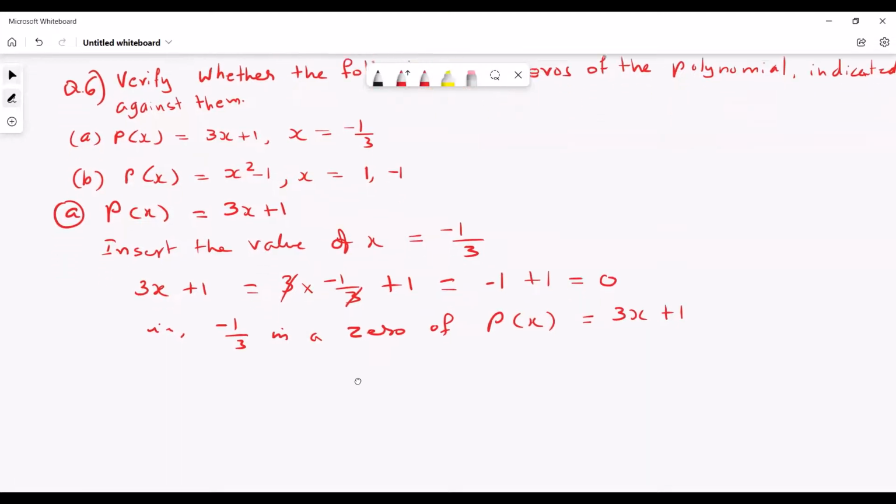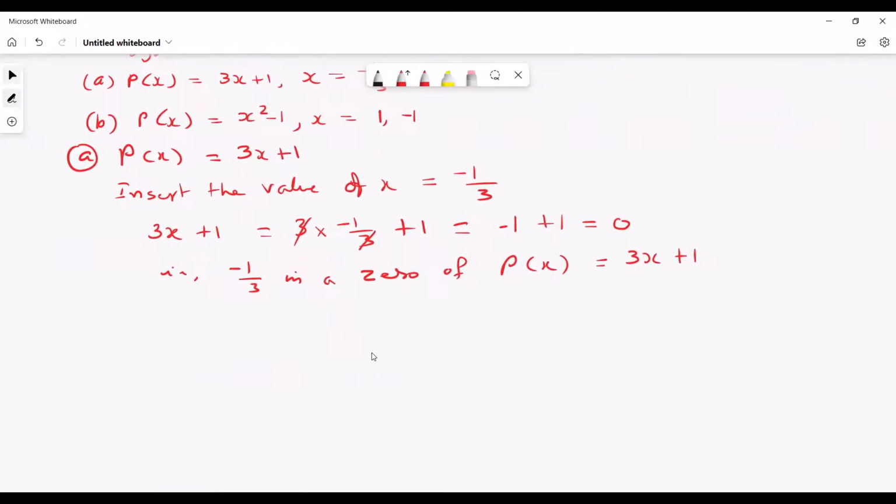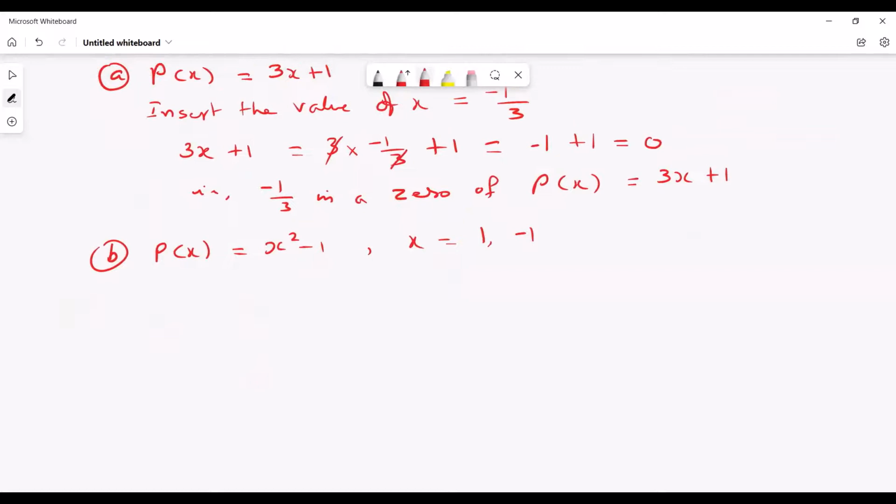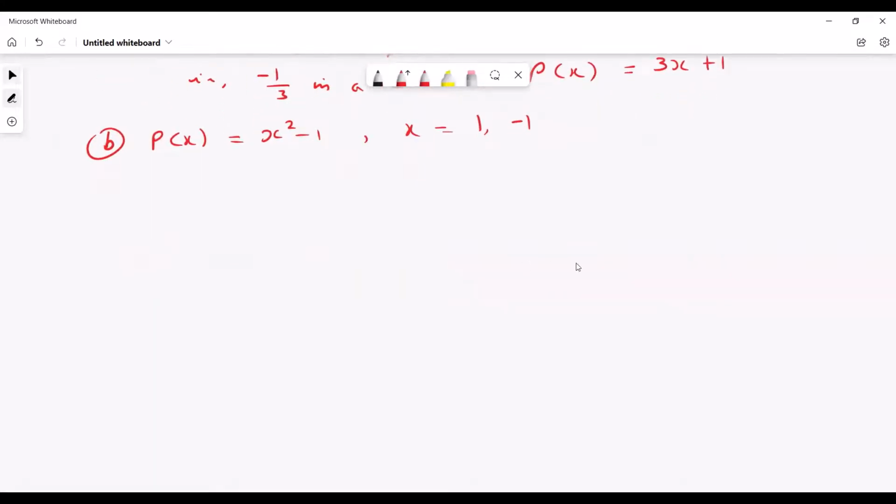Now let us do the second question, question B. It is given as p of x is equal to x square minus 1. We have to check at x equal to 1 as well as x equal to minus 1. So here also, first of all, we will replace the value of x by 1.